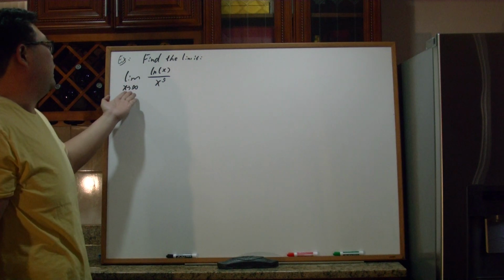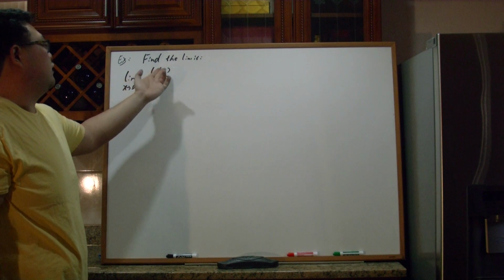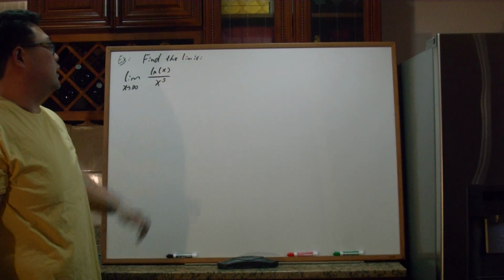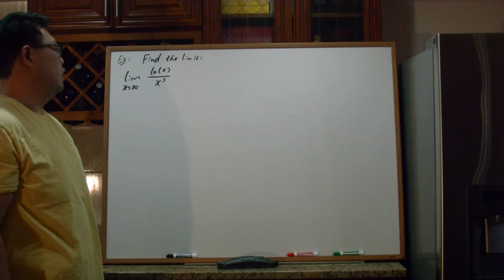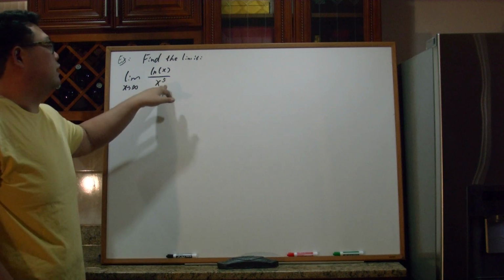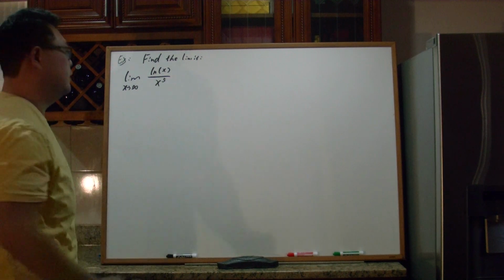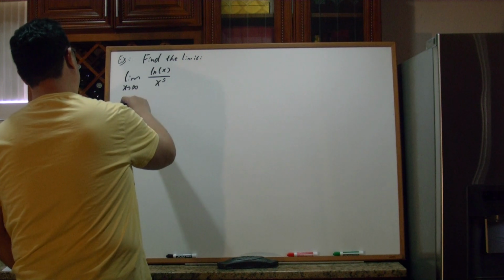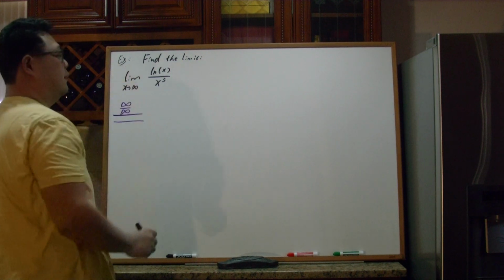When we evaluate it, that is natural log of infinity, which is infinity. This is a polynomial, right? That also yields infinity. So that is an indeterminate form of infinity over infinity.